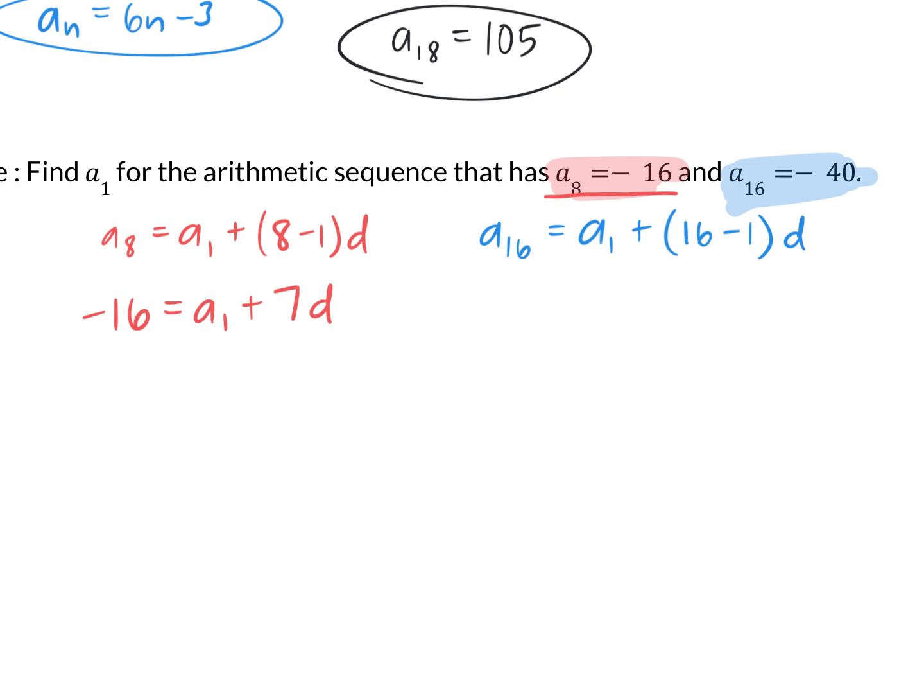But we know what a sub 16 is. A sub 16 is negative 40, which is equal to a1 plus 17d. So now I have two equations, two unknowns. Wouldn't it be 15? Yes, it's 15. Thank you.